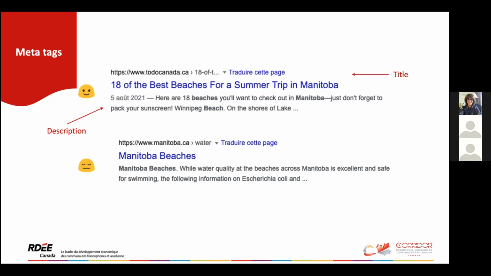Because the title looks exciting and the description is quite great. Like there's 18 beaches, you'll want to check it out. It's a compelling voice, it's a call to action. I would pick that one, because the other one is blah. No offense to whoever wrote that, but it is. If I'm traveling and I want the best beach experience in Manitoba, I will click the first one.